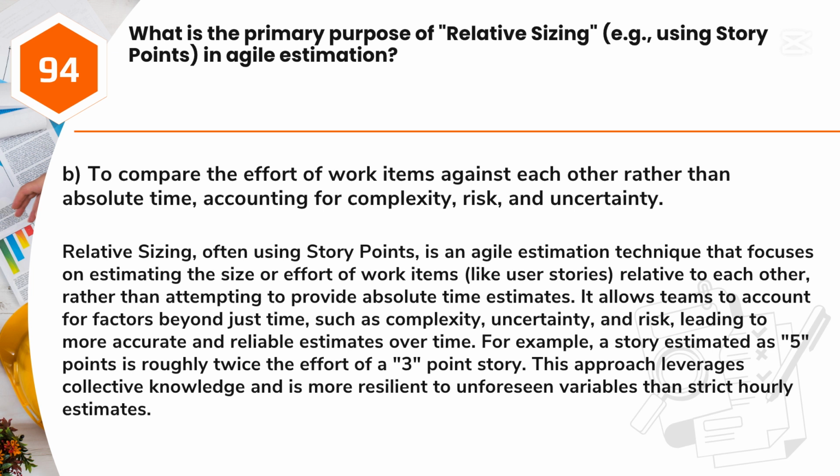It allows teams to account for factors beyond just time, such as complexity, uncertainty, and risk, leading to more accurate and reliable estimates over time. For example, a story estimated as 5 points is roughly twice the effort of a 3-point story. This approach leverages collective knowledge and is more resilient to unforeseen variables than strict hourly estimates.